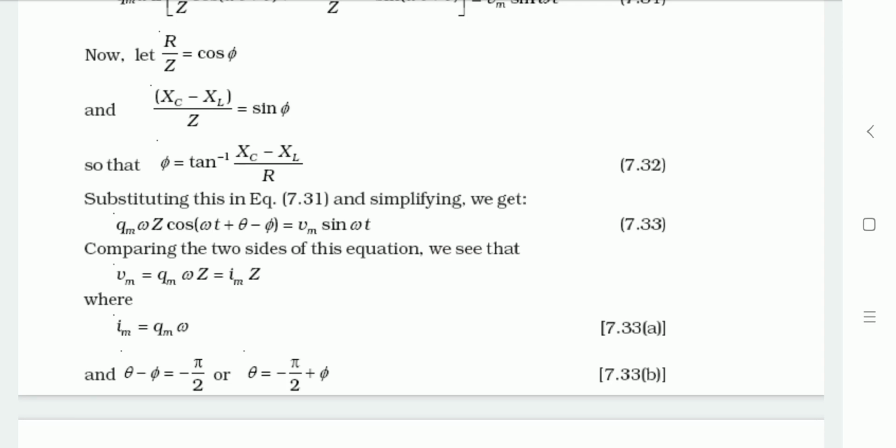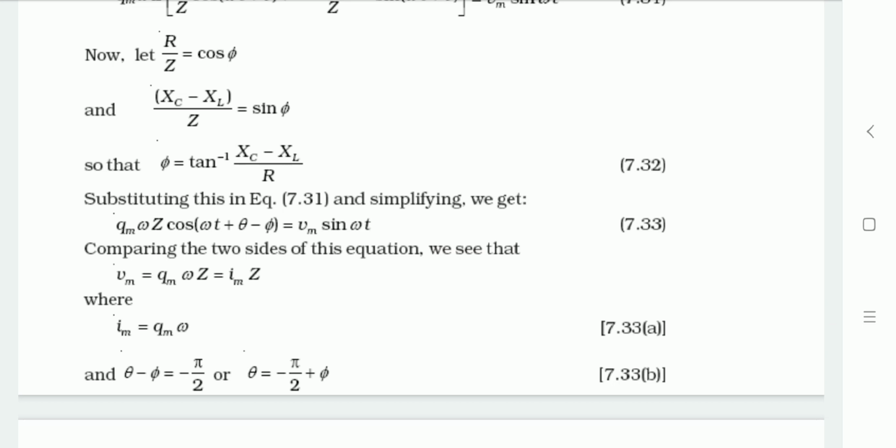Now if we compare the angle on both sides, we have to convert it into terms of sine or cos. Let us convert in terms of sine, as that is the reference we have. So that would become cos(omega t plus theta minus phi). Instead of that, we are supposed to write omega t plus theta minus phi plus pi by 2 for the sine.